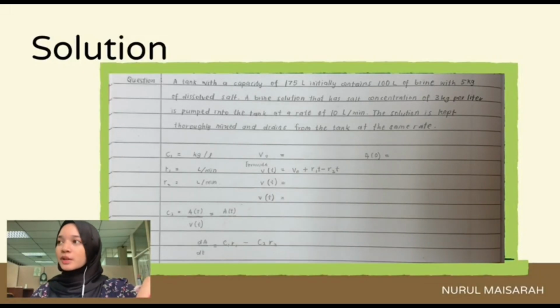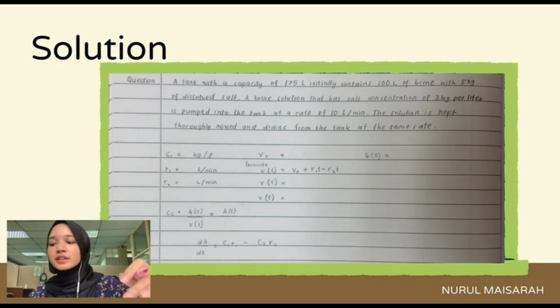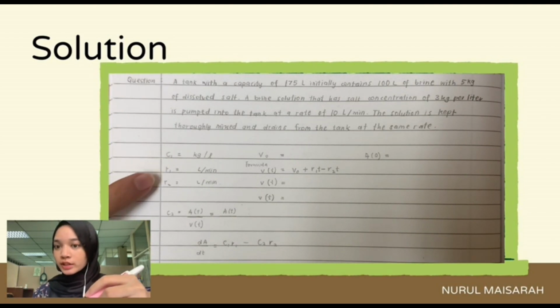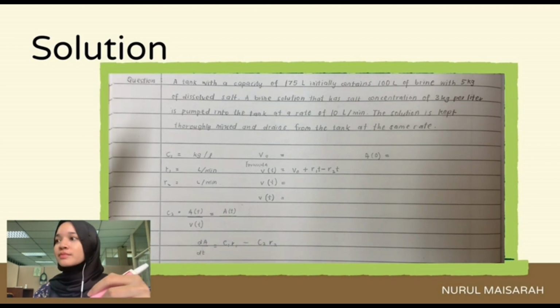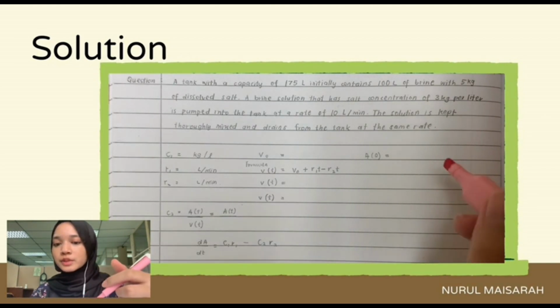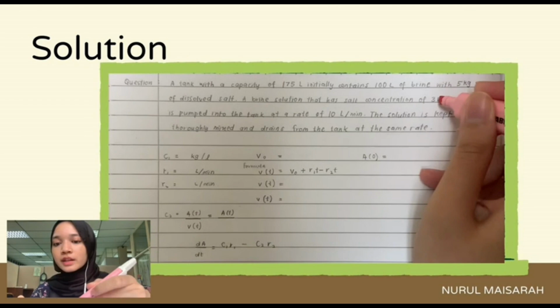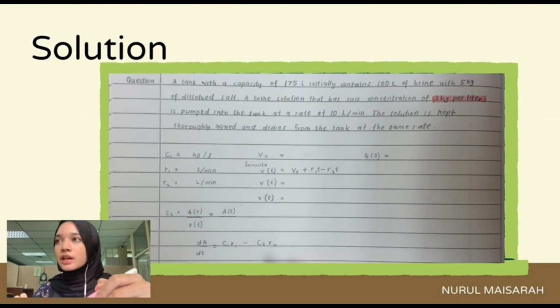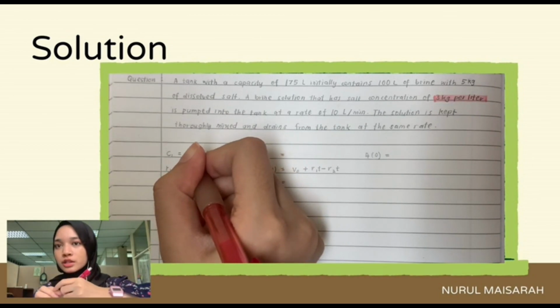Moving on to the next part, which is the solution of the question. To solve this question, we have to identify C1, R1, R2, and C2. From the question, it is given that the concentration is 3 kg per liter, so C1 is equal to 3.